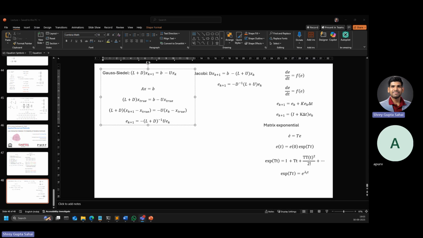Got kind of confused with this notation. It's okay. One second.